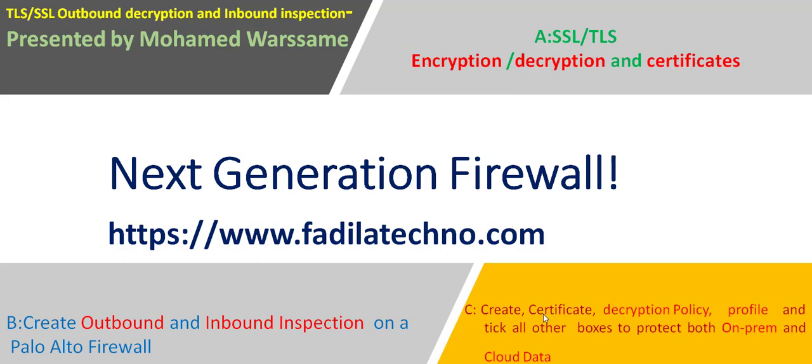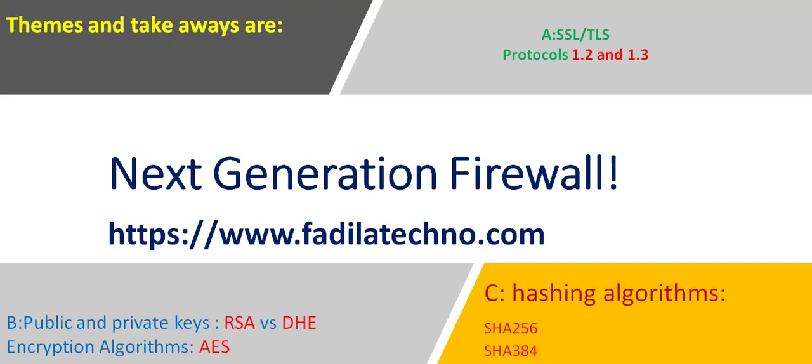We created a certificate from the device certificate, CD, and we created a profile from PD, all right? And we attached that profile to a security rule. Great, excellent. We also modified the certificate and said only accept TLS 1.2, only accept SHA-256 and AES, and we also created and accepted the RSA and Diffie-Hellman group.